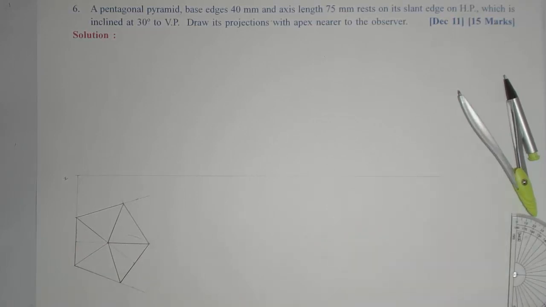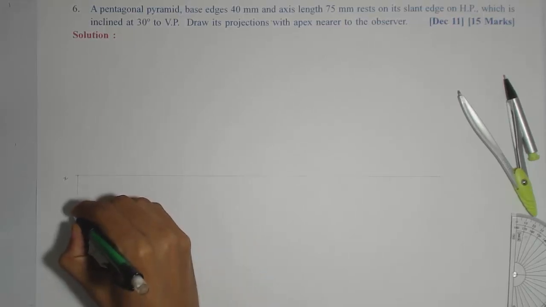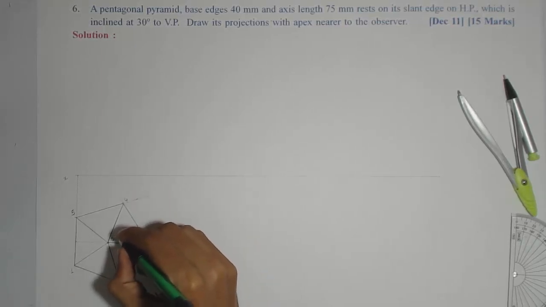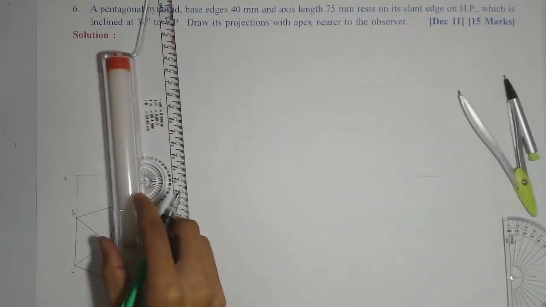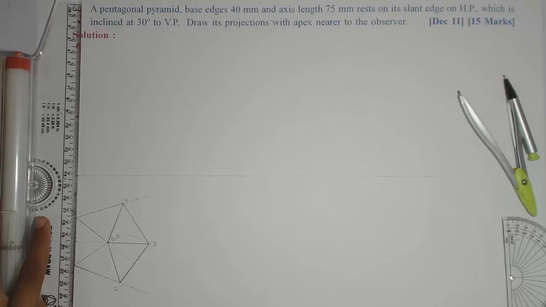We'll complete the corresponding front view. First we'll give the notations. OO is nothing but the axis. One O is the center of the base and one O is the apex.